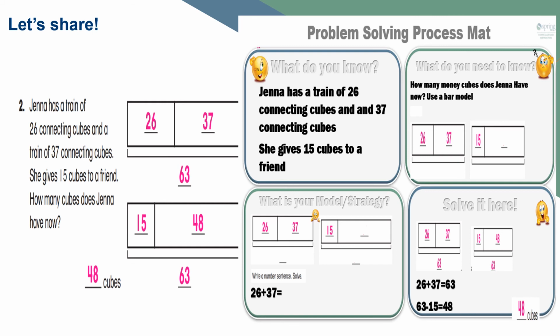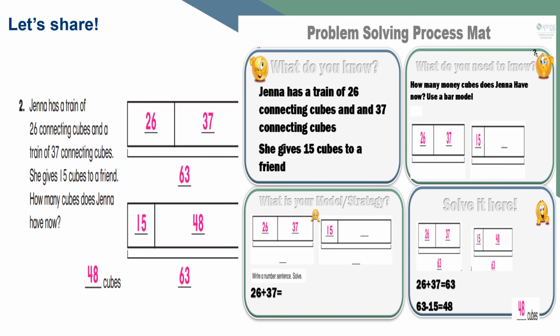So the question is asking, how many cubes does Jenna have now? Create a bar model. So we know that she has 26 connecting cubes and 37 connecting cubes. But then she gave 15 away to a friend. So how much does she have now?